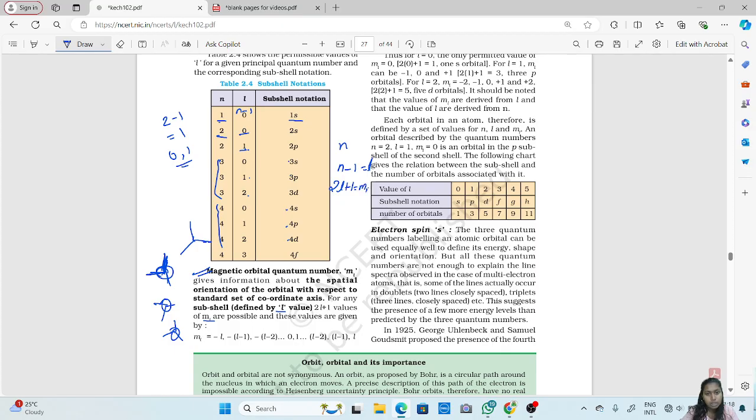The magnetic quantum number will have values from minus l, minus l plus 1, and so on. This will continue from the minus section through 0 to the plus section. Okay, so these are the coordinates.